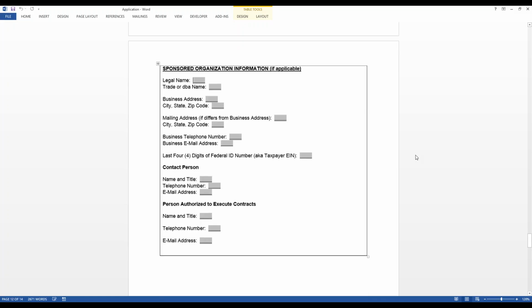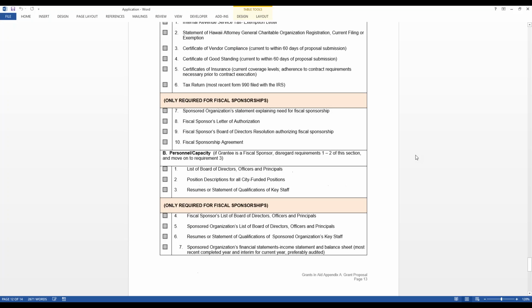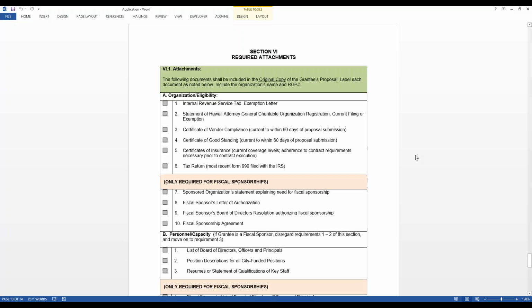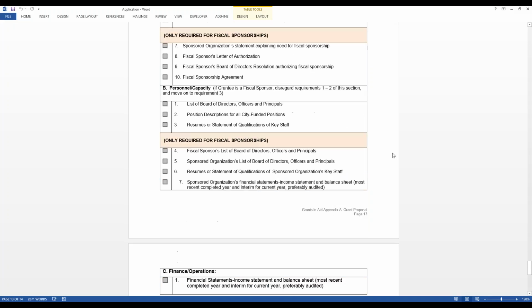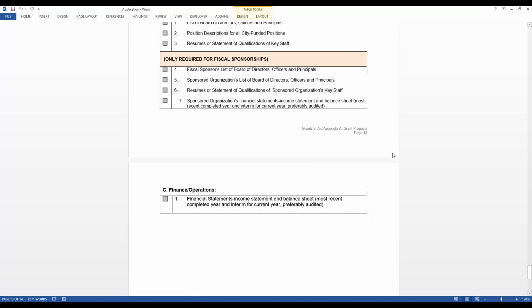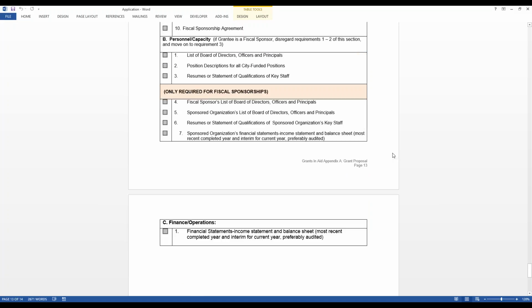We already looked at section 6, all the necessary attachments for the grant proposal. And again, I copied and pasted them on the table of contents document that I emailed you either this morning or yesterday. So make sure you check mark all the necessary attachments.